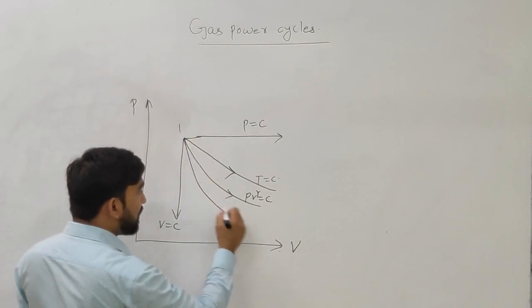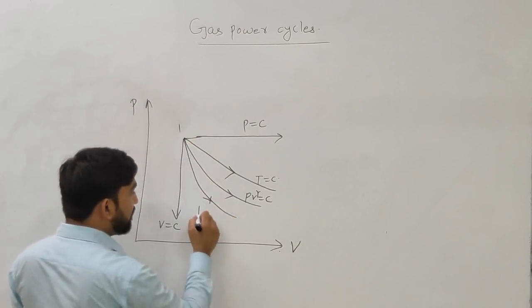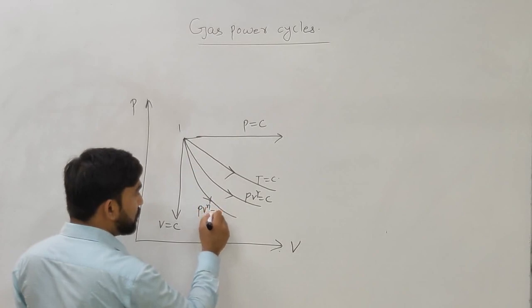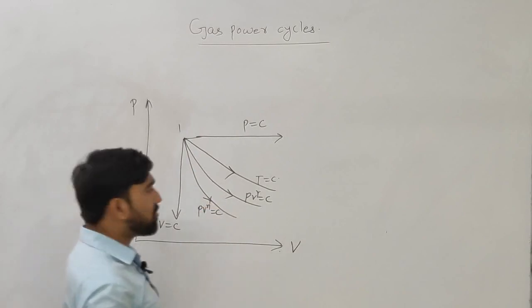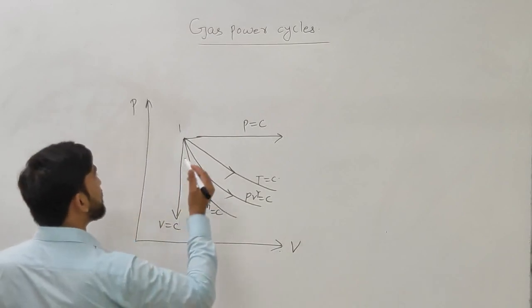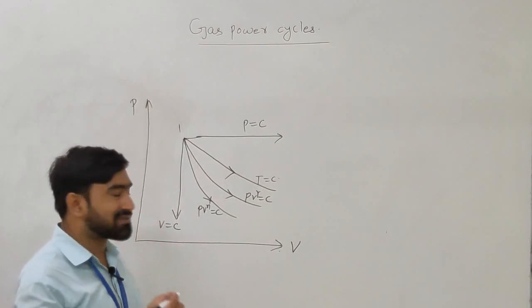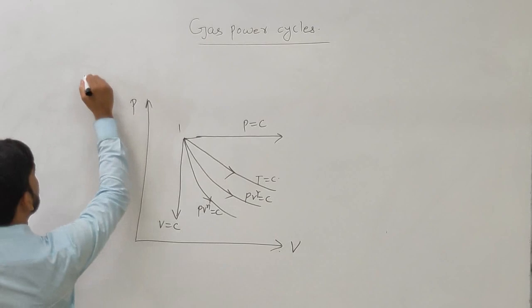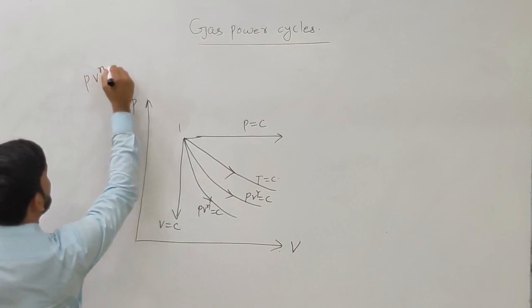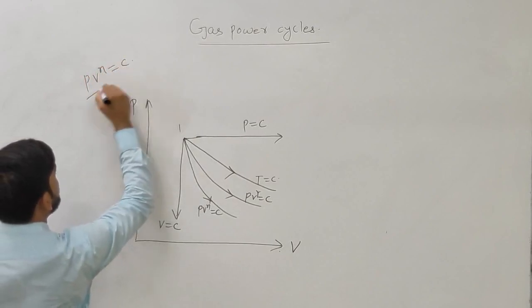This line will be a polytropic process, or PV to the power n equals constant, where we can take a very fundamental index, PV to the power n equals constant.